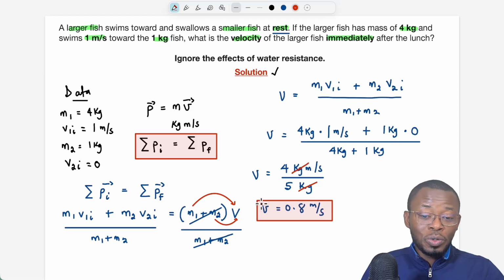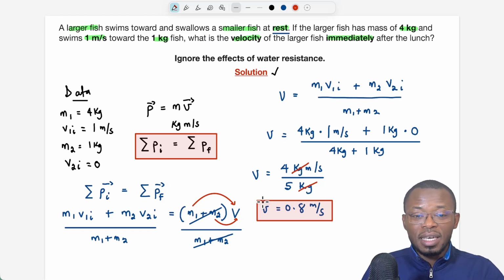This is a good problem to give you practice on the conservation of momentum when it comes to inelastic collisions. We need to understand that for inelastic collisions or interactions, after the interaction, the two objects stick together and move with a common velocity.